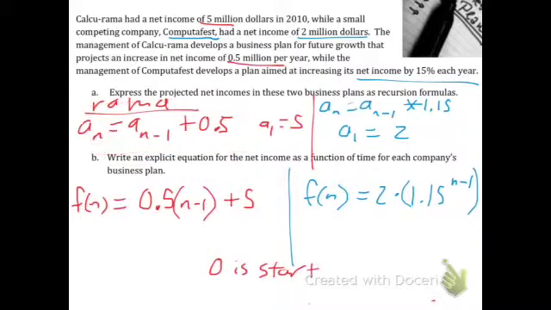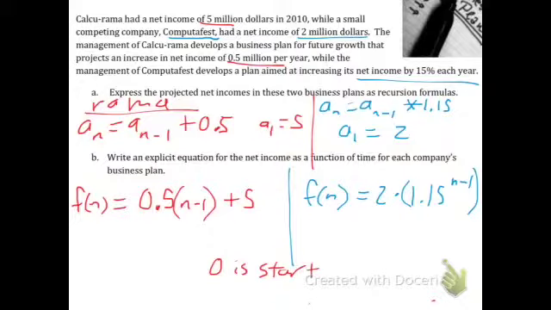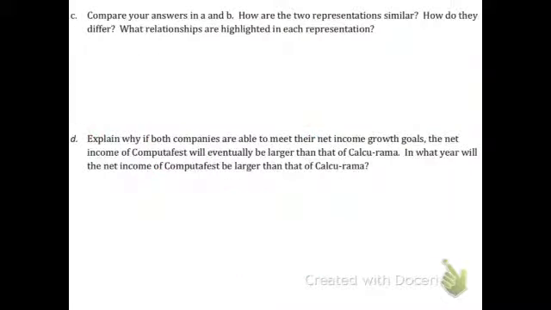And so that one highlights the relationship between consecutive terms, whereas these explicit representations focus on the relationship between the result and what number in the sequence it is. So you plug in the number in the sequence and you get the number back, like how many dollars. And so that's what the explicit ones are focusing on.